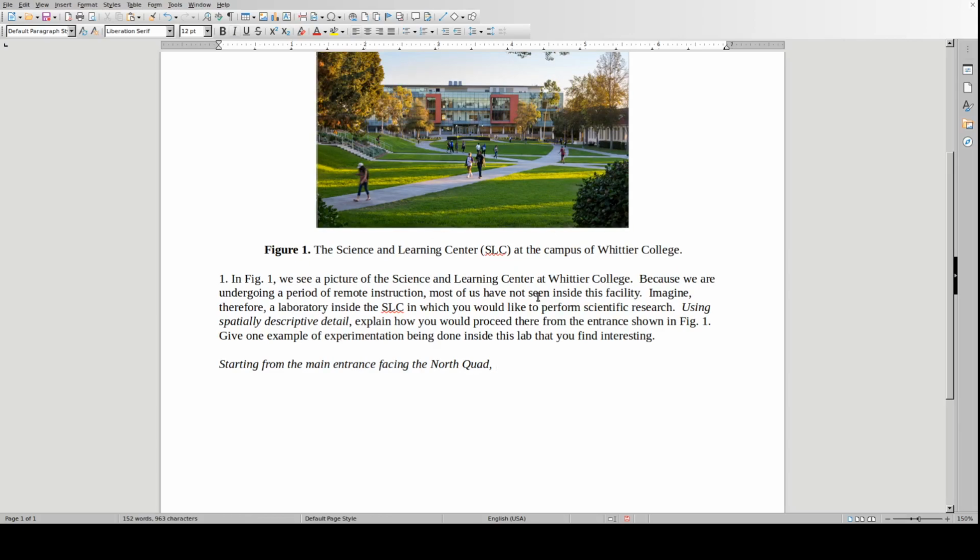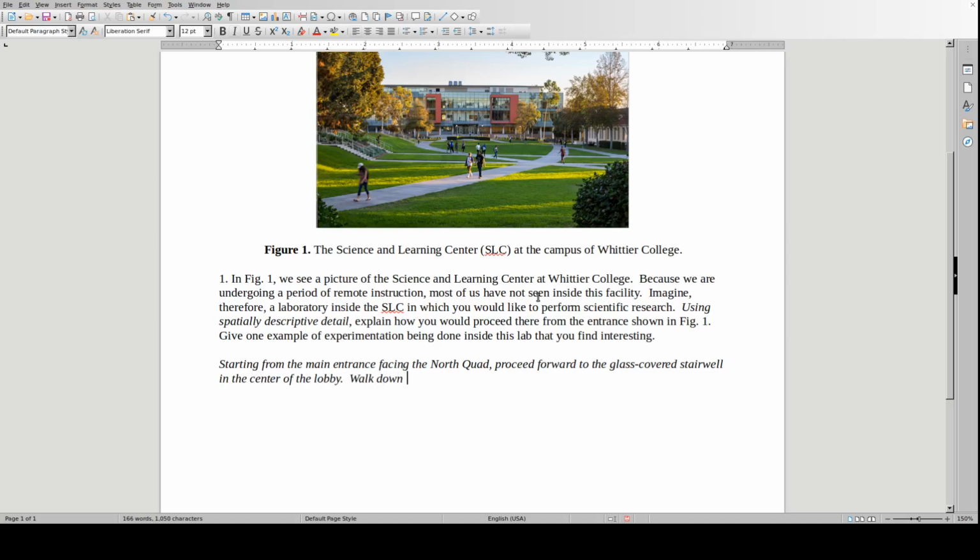This picture is taken facing one entrance of the Science and Learning Center. On the other side there's a parking lot, and on the two ends there's also special entrances as well. So starting from the main entrance facing the north quad, proceed forward to the glass-covered stairwell in the center of the lobby.